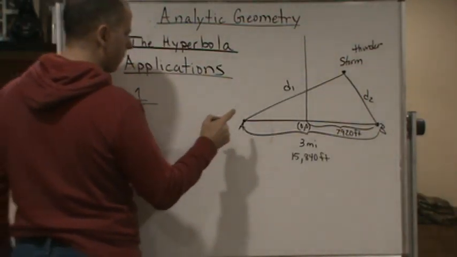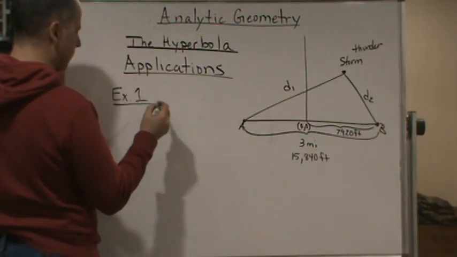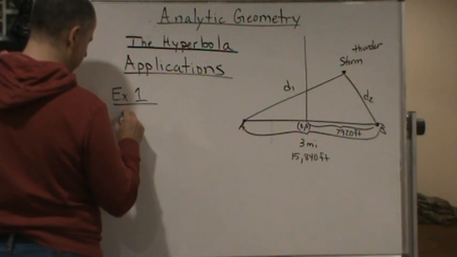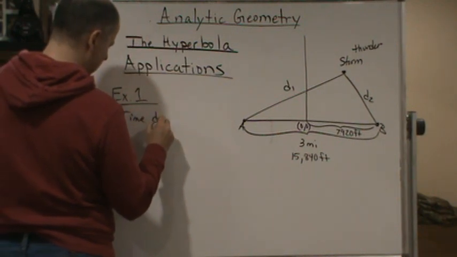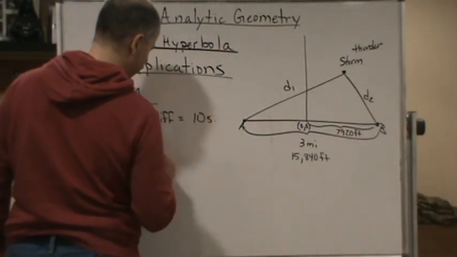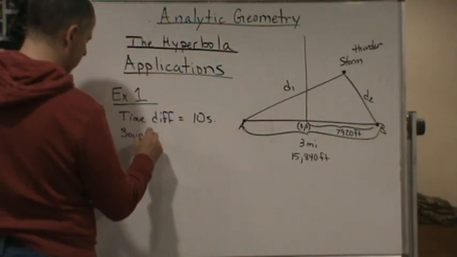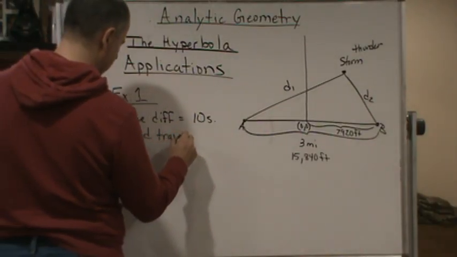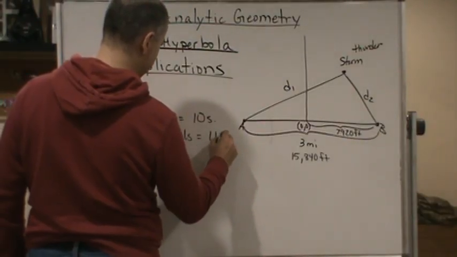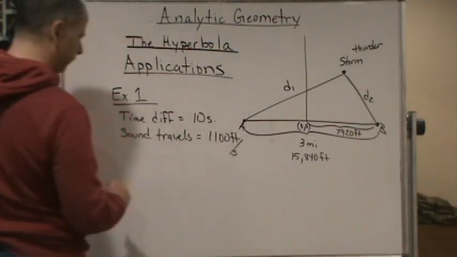Because we can use the fact that distance equals rate times time, because they give us the rate the sound travels. So the time difference equals 10 seconds. And then sound travels at a rate of approximately 1,100 feet per second.